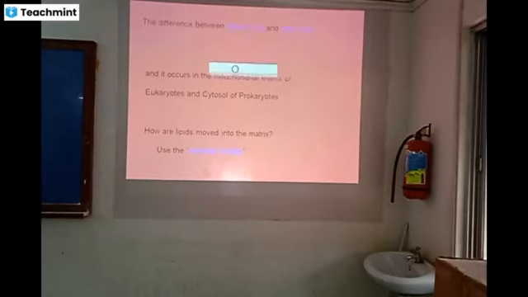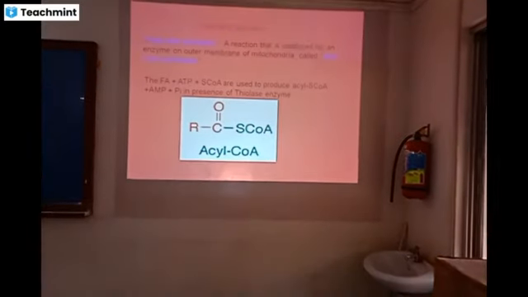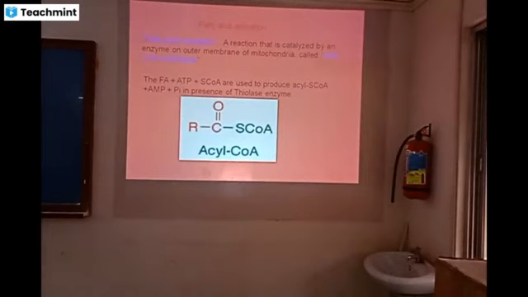Again I repeat, before actually entering the mitochondria, fatty acid reacts with ATP and coenzyme A to produce the acyl CoA form, and now this activated form of the fatty acid is ready to be transferred into the mitochondria for further rounds of oxidation. Anyone having doubt regarding this R C double bond O? What is the chain of the fatty acid?